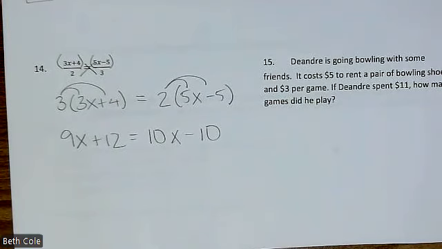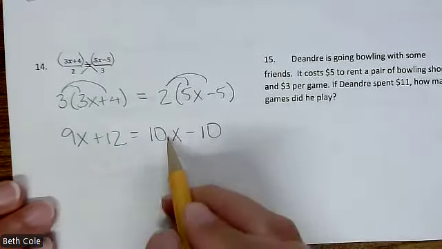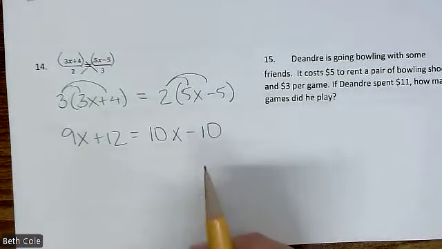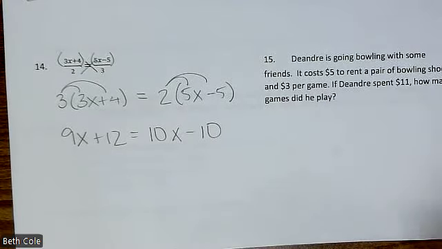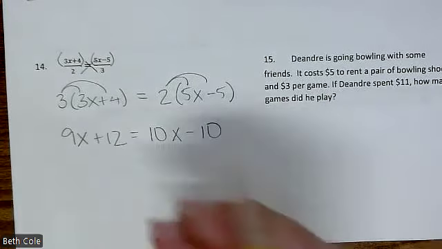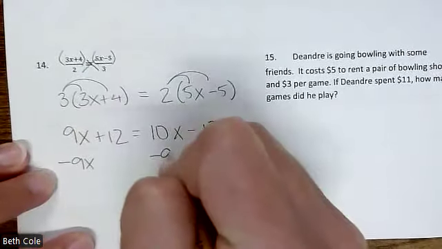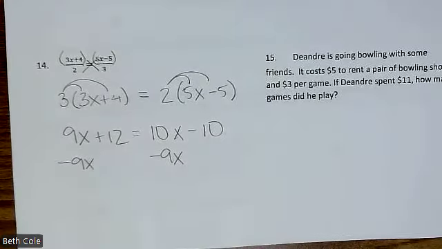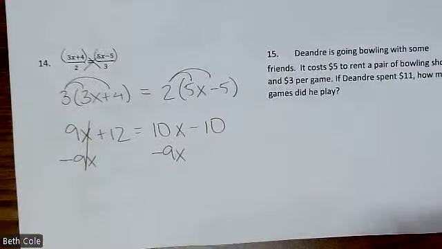Then what? Now, would you minus the 10x or minus the 9x? It actually doesn't matter. You will get the same answer both ways. I'm going to choose to minus the 9x in this one just to keep it positive. Hey, Ms. Cole, I worked ahead of you and I already did it the other way. You're going to get the same answer as me. It's a personal preference thing. It literally doesn't matter.